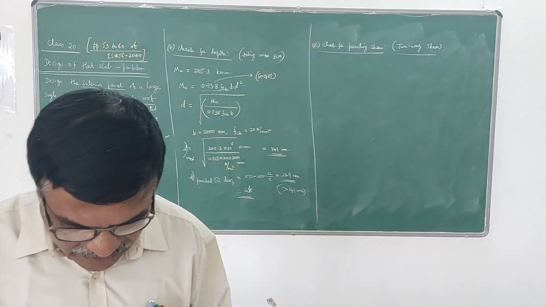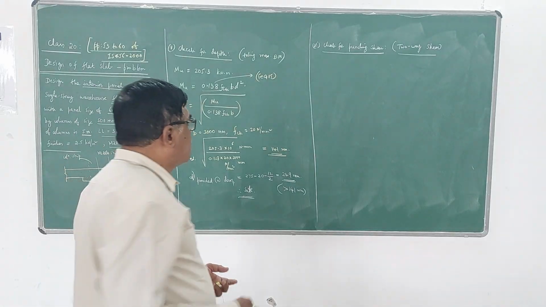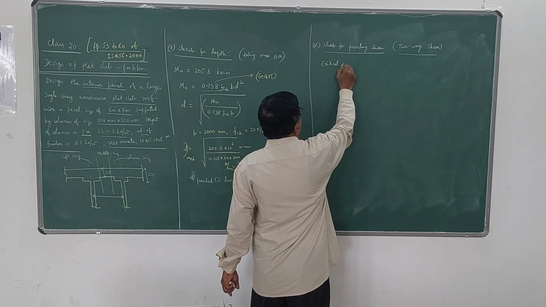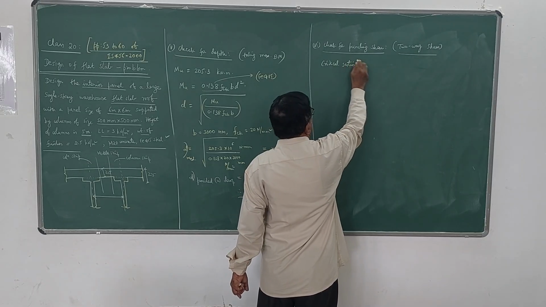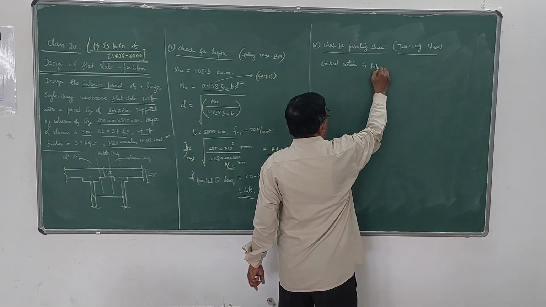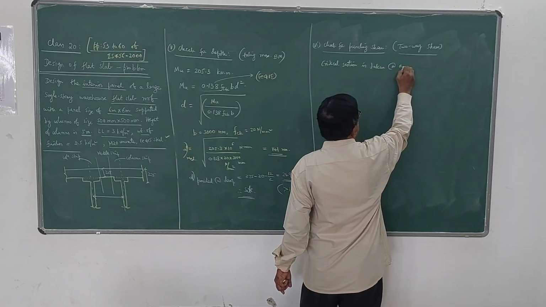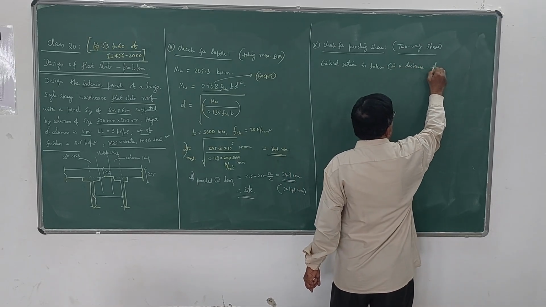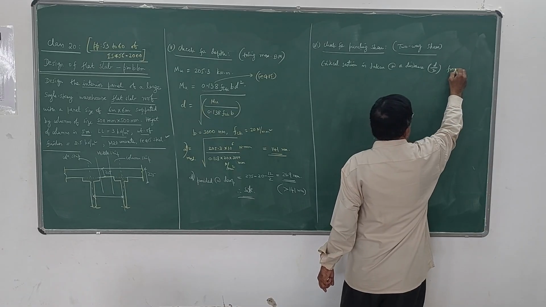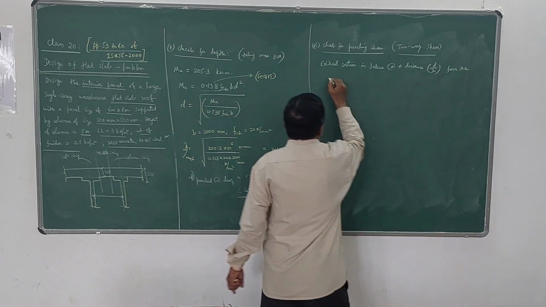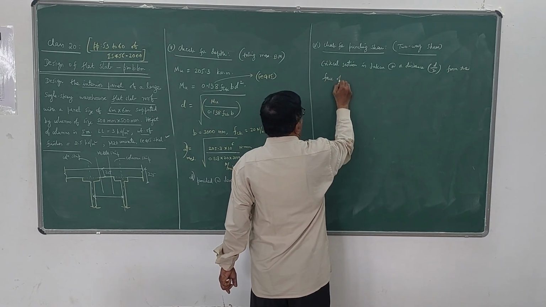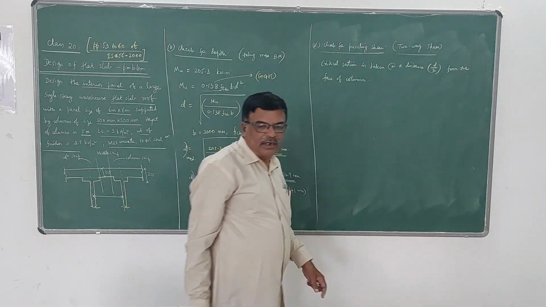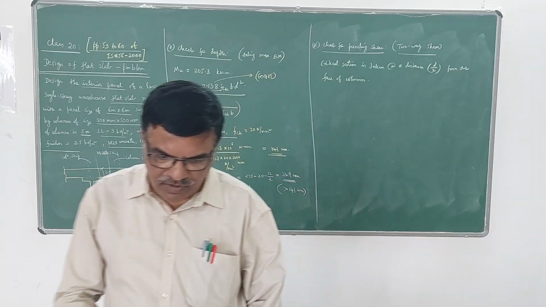So here the critical section is taken at a distance d by 2, small d by 2, from the face of the column.